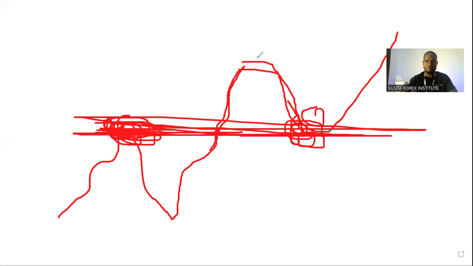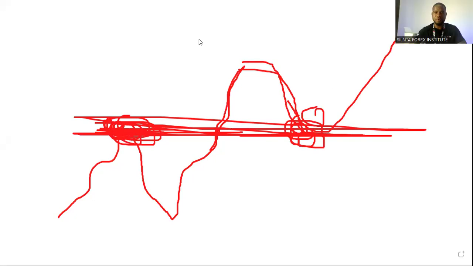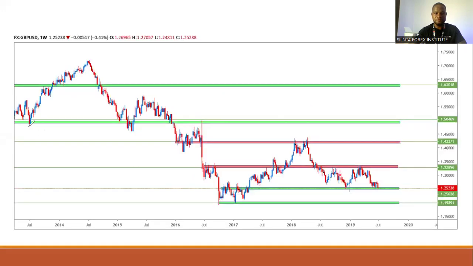So in simple terms, when a resistance is violated or broken, it becomes a support. When a support is broken, it becomes a resistance. See what we have here. This was a support, then price went up, then down here. We expected the price to be respected at that area.